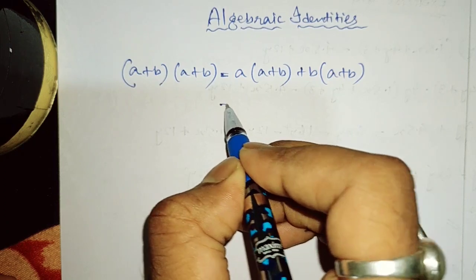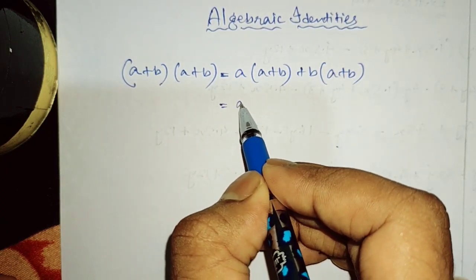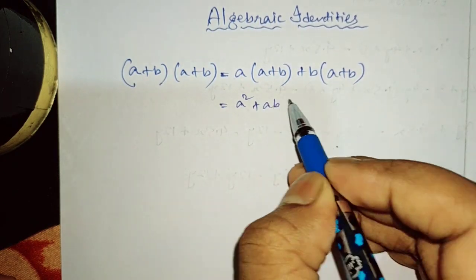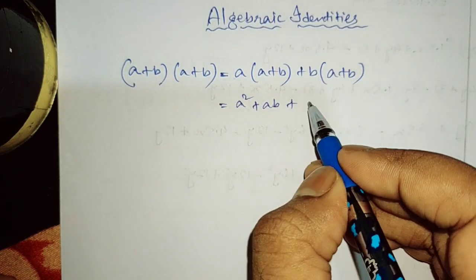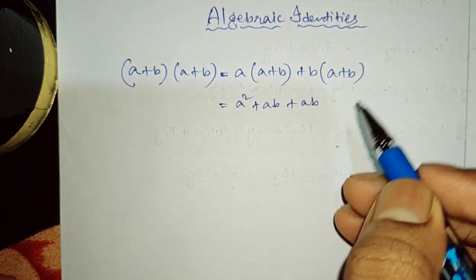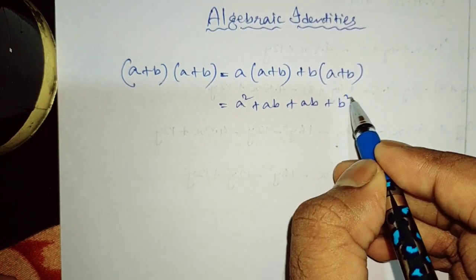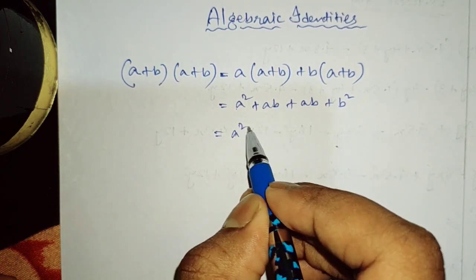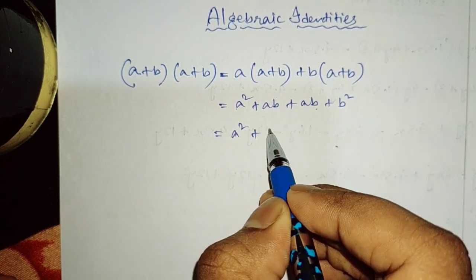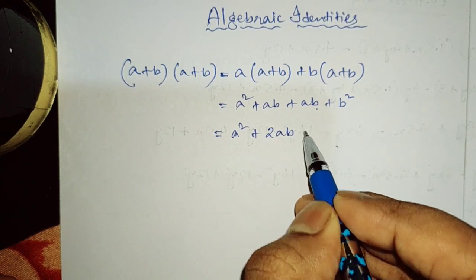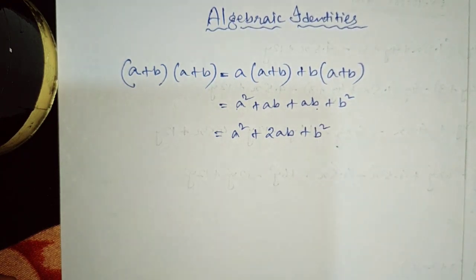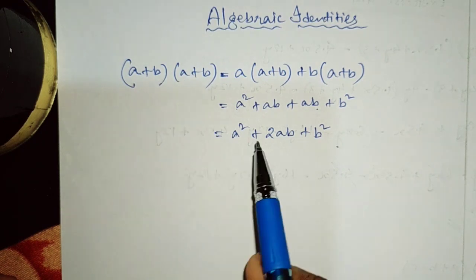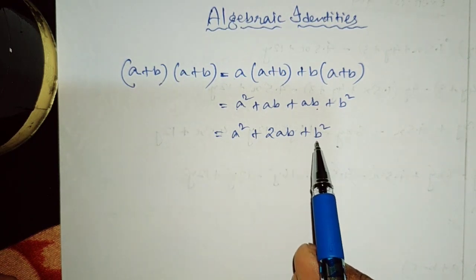So proceeding in this way, a into a is a square, plus a into b is ab, plus b into a is again ab, and b into b is b square. So a square plus ab plus ab will be twice of ab, plus b square. So after multiplying a plus b with a plus b, we get a square plus 2ab plus b square.